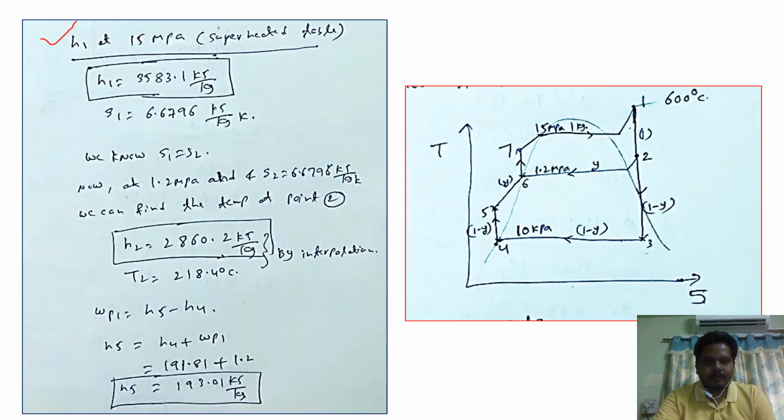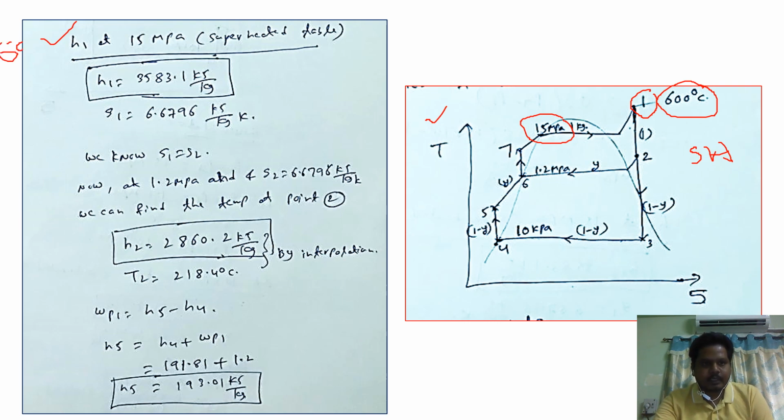Now let us find enthalpy at point 1. As you can see in the TS diagram, point 1 is in the superheated region. So here we have to refer to the superheated steam table at the given pressure of 15 megapascal and temperature 600 degrees centigrade.